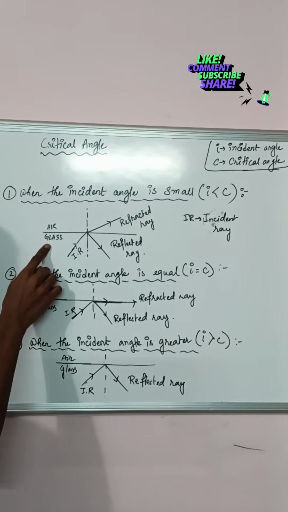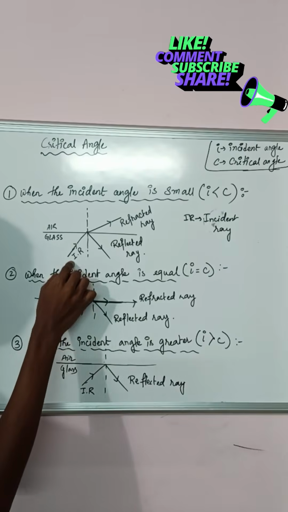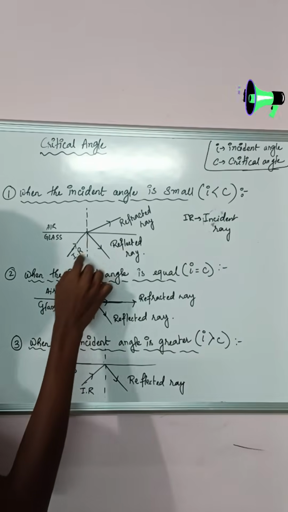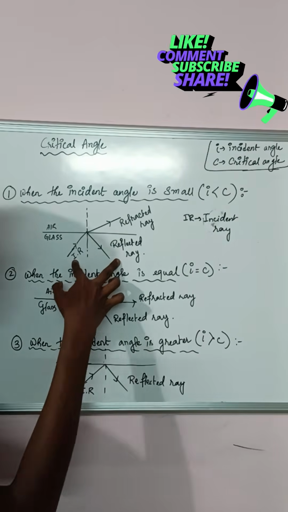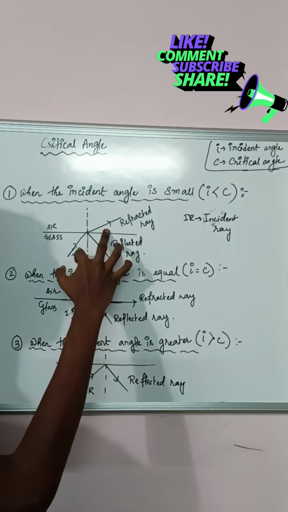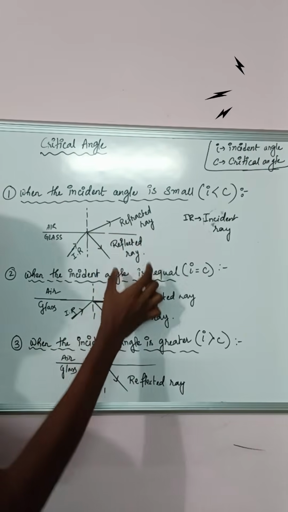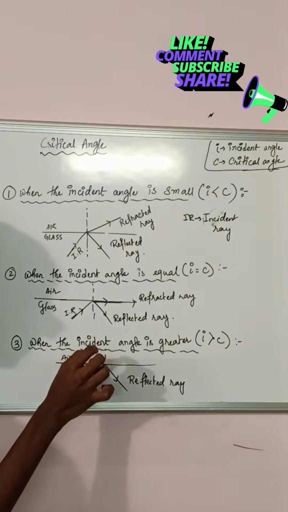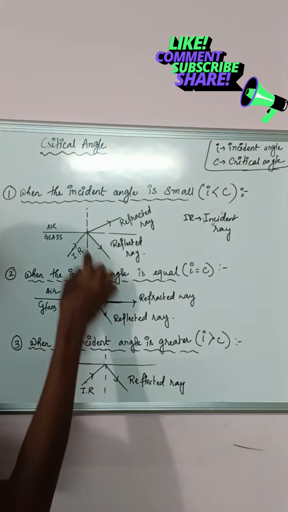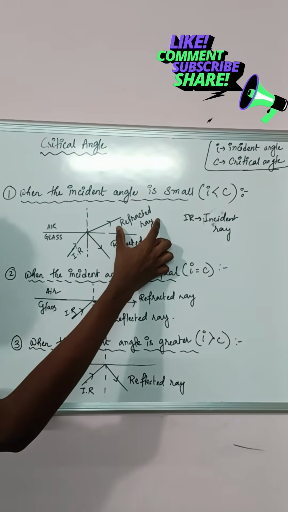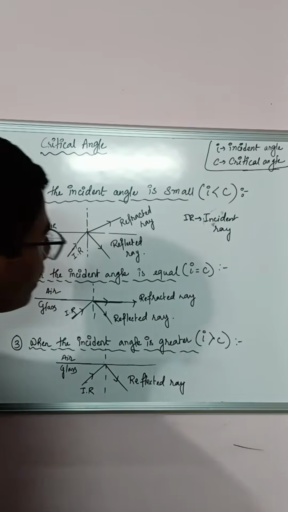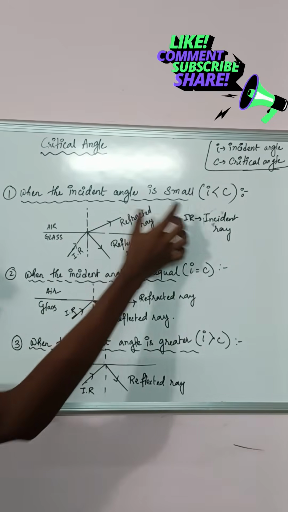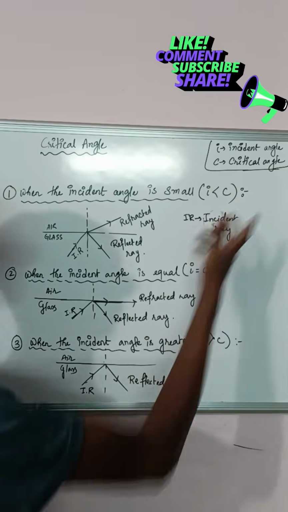I repeat, it's a glass and air interface, and here the incident ray is getting transmitted as a reflected ray as well as the refracted ray, since a part of the ray is getting reflected into the same medium, and in the different medium the ray is getting refracted. Fine. So this is the scenario when the angle of incidence is smaller than the critical angle.